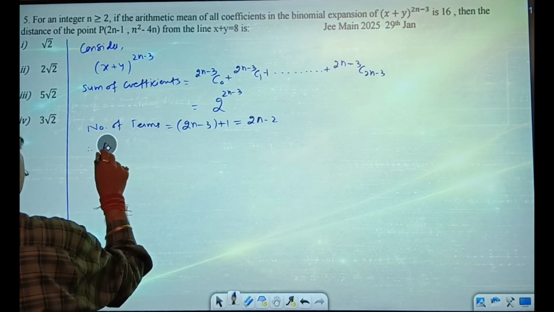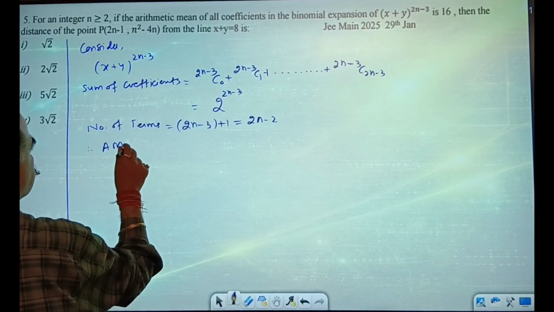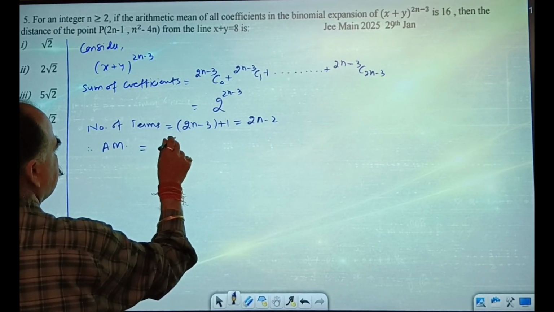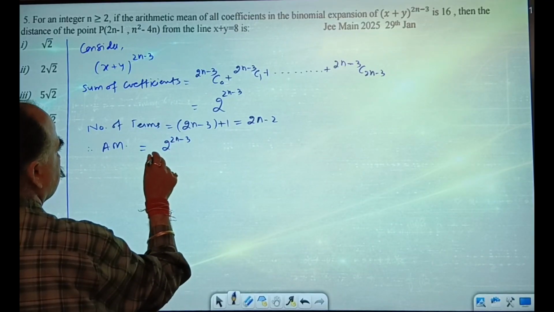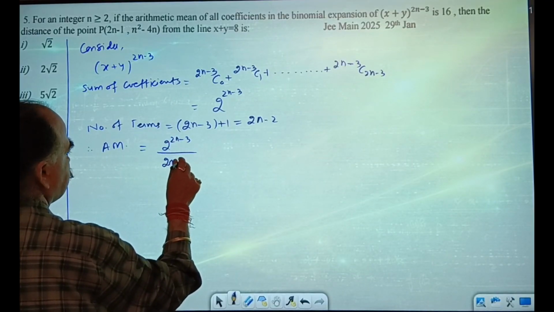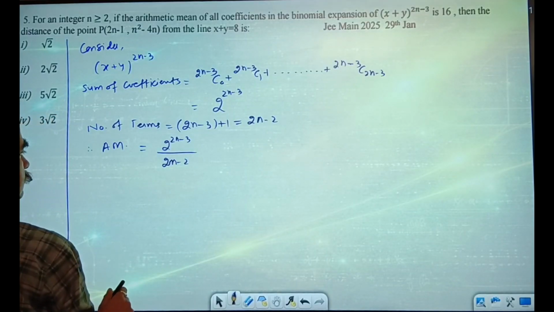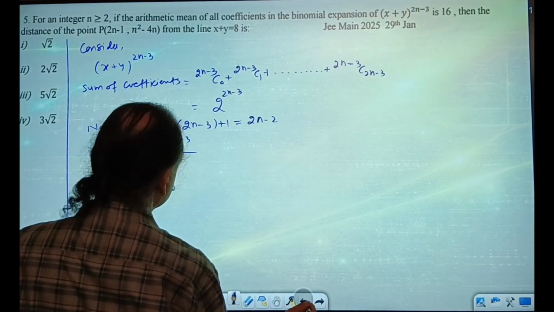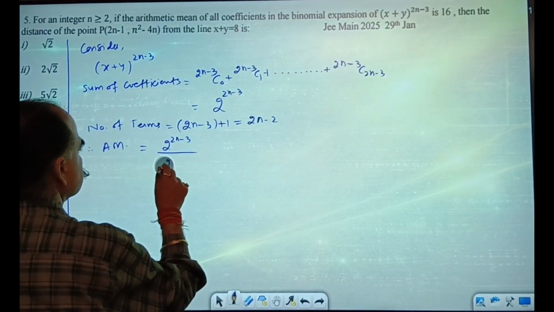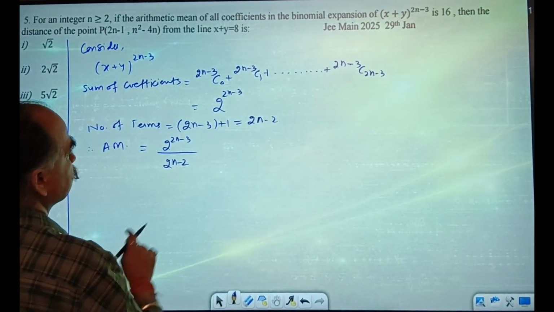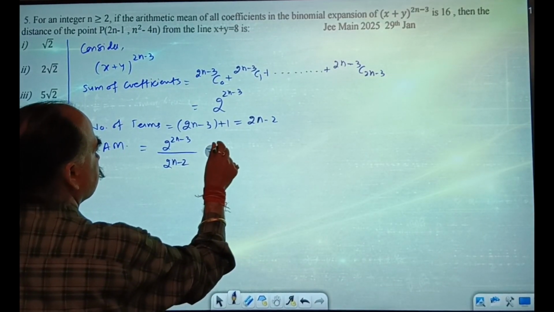Therefore the arithmetic mean is 2 raised to 2n minus 3 divided by 2n minus 2, and this arithmetic mean is given to be 16.